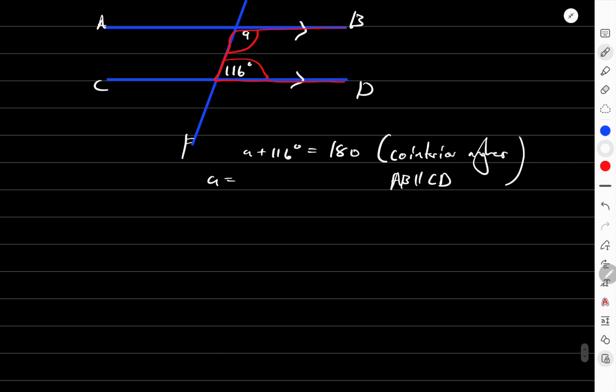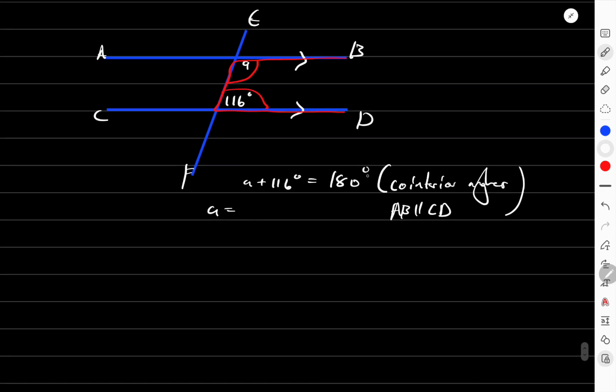Therefore, I'm going to have A equals 180 minus 116. Those two are numbers, therefore I can group my numbers together. I'm going to have 180 minus 116 degrees. What is 180 minus 116? Therefore, I'm going to have the value of A as 64 degrees, just like that.